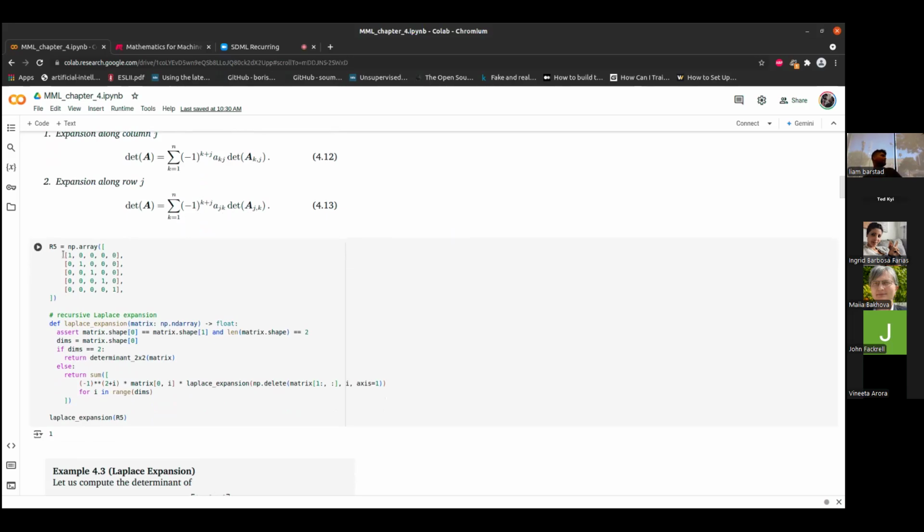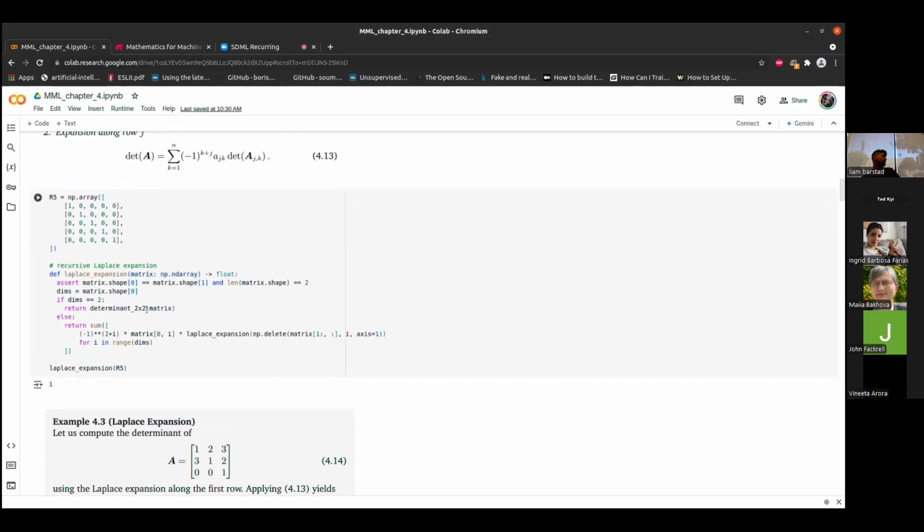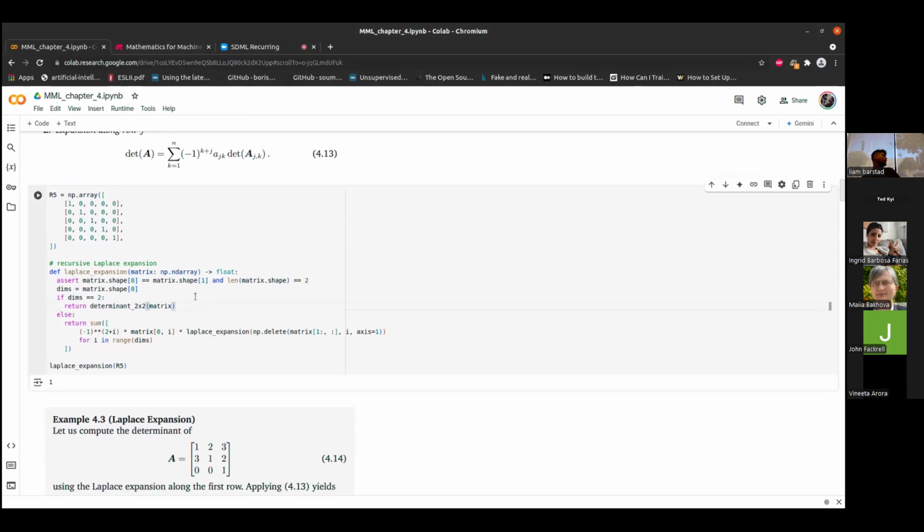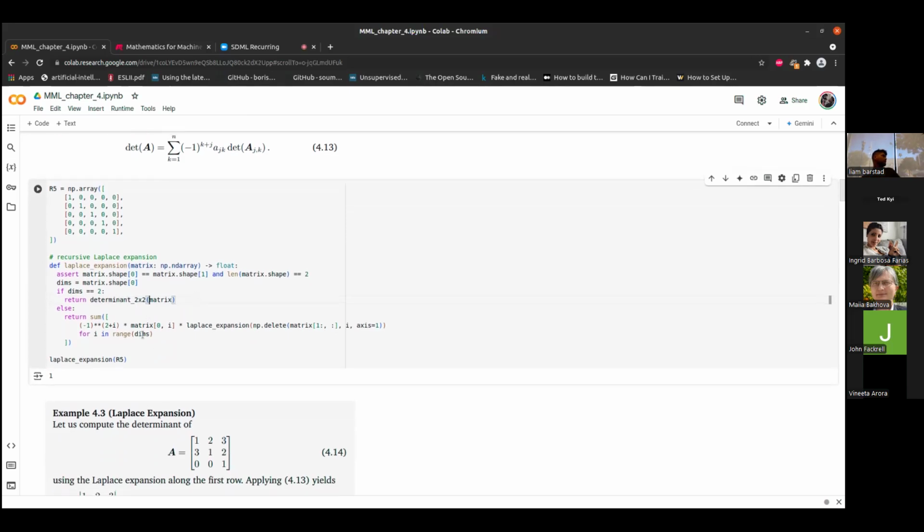But what I do know about it is, for the top row, you recursively ignore the top row, and for each index, ignore that column, calculate the determinant of the rest, multiply it by a sign of 1 or -1, and then sum those values up recursively to find the determinant. And that's just about what I did here. Now, of course, I hard-coded the 2x2 determinant, but besides that, I just did the Laplace expansion here.